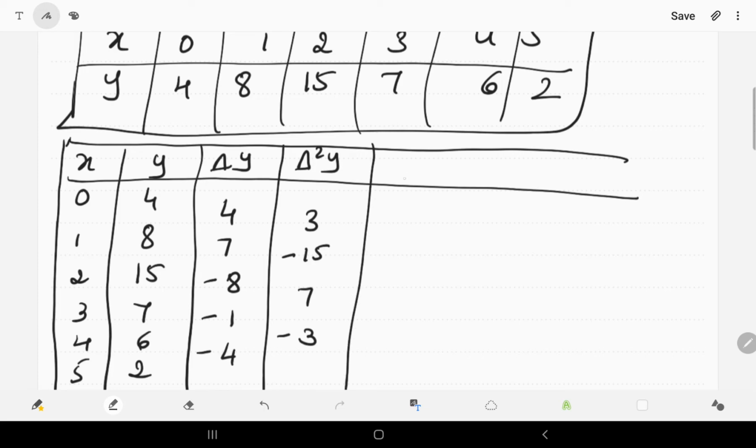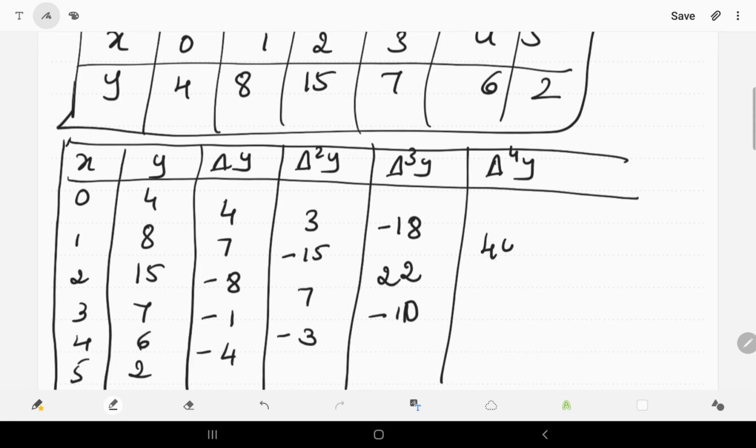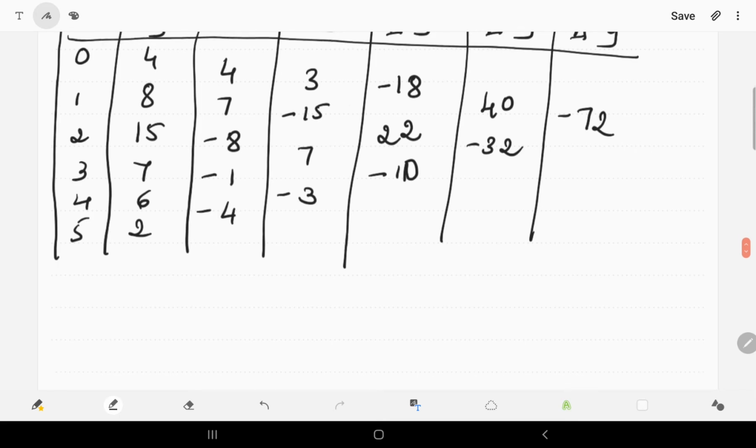Next, the third difference is given by minus 18, plus 22, minus 11, plus 22 and minus 10, and delta raised to 4 y is given by 40, minus 32, and the fifth difference is given by minus 72. This is the difference table.